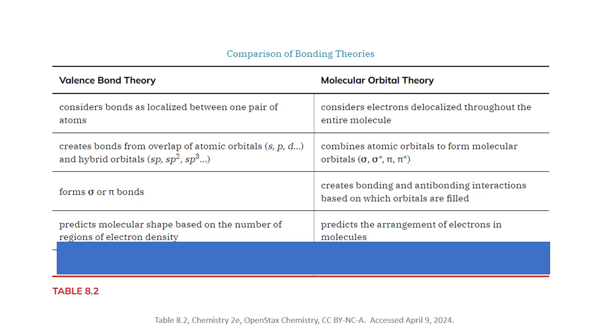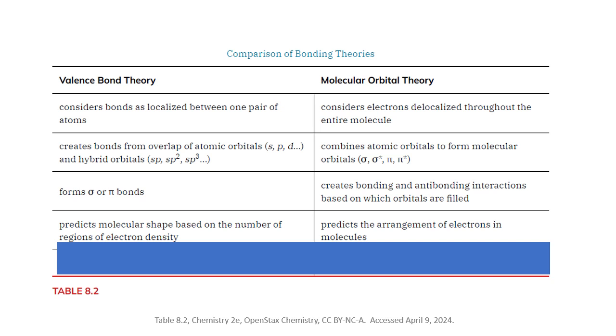Valence bond theory predicts molecular shape based on the number of regions of electron density, whereas molecular orbital theory is really good at predicting the arrangement of electrons in molecules. Okay, so this is why they work for different things. Valence bond theory gives you structure. That's its job. That's what it was designed to do, and it does a nice job of it, and it predicts polarity because of that.